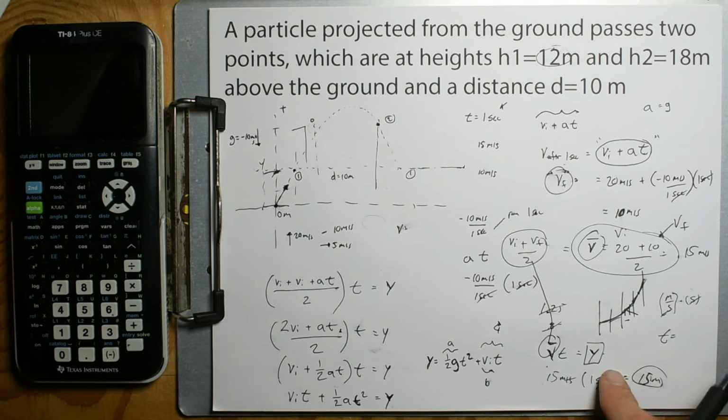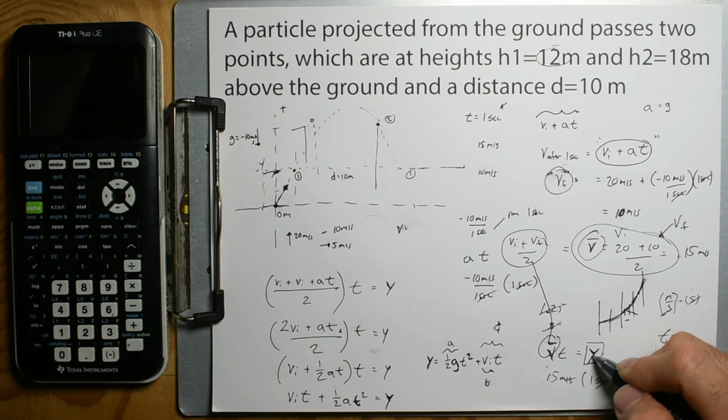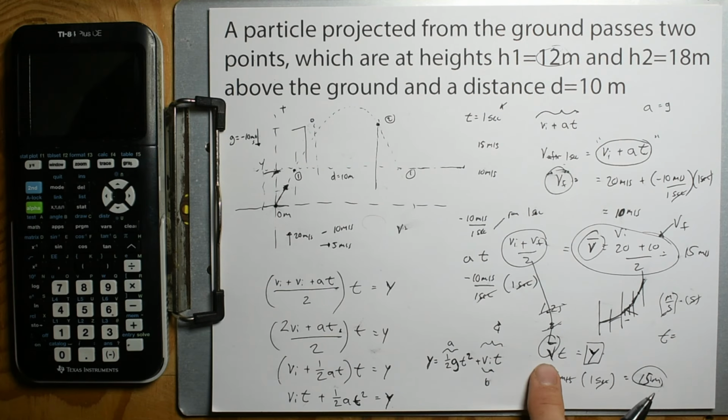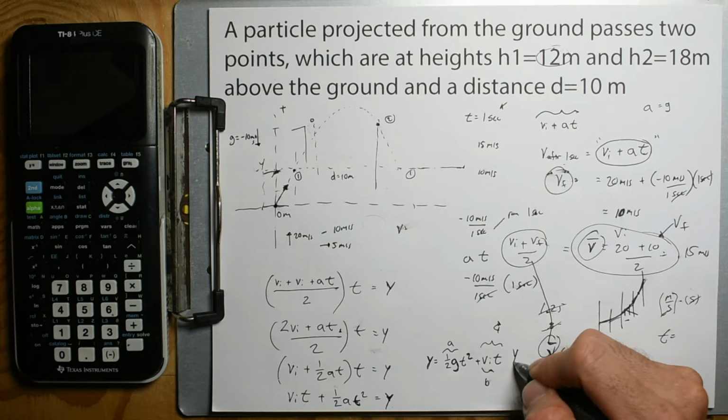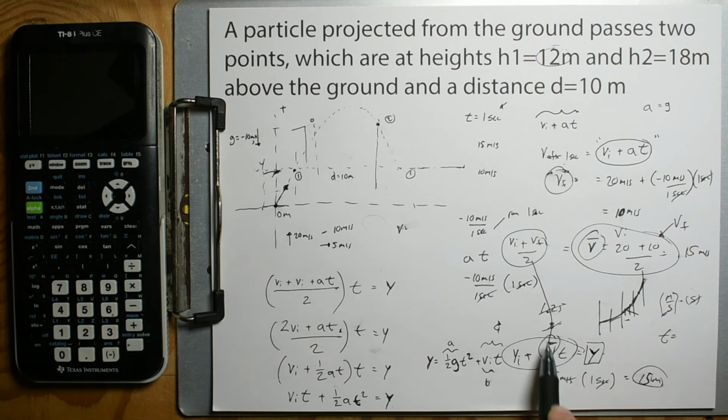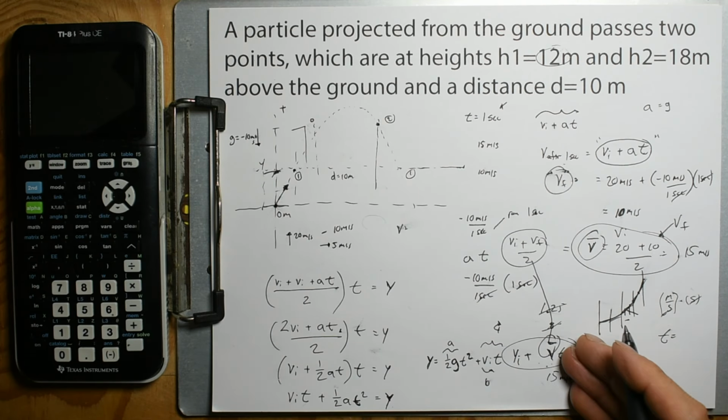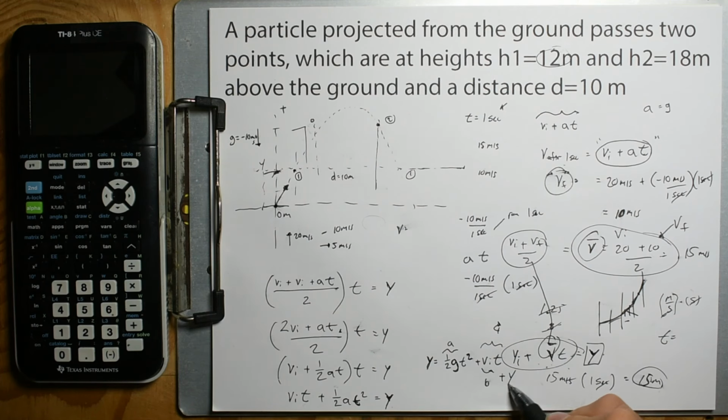So my height right here is just a function of the average velocity times the time. But otherwise this component would be the initial height plus average velocity times time. And then if you did that, this equation just has a plus y initial.